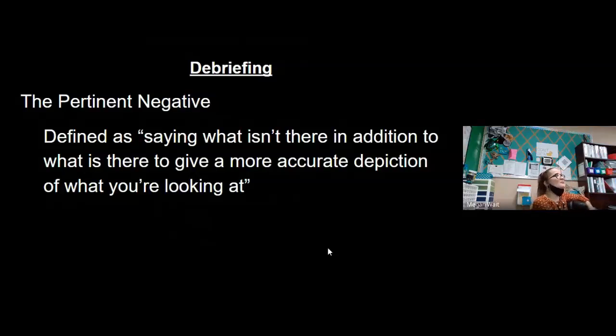Okay. So we're going to talk about the pertinent negative. This is what this whole activity was here to explain to you. The pertinent negative is defined as saying what isn't there in addition to what is there, to give a more accurate depiction of what you're looking at. So if you were telling your partner to draw a fireplace, when I think of a fireplace, guess what I'm going to put in the fireplace?